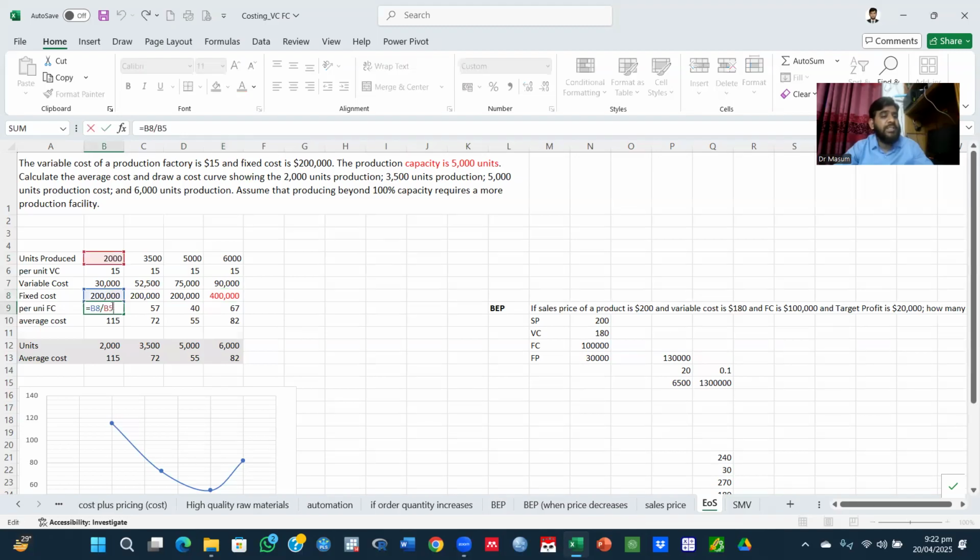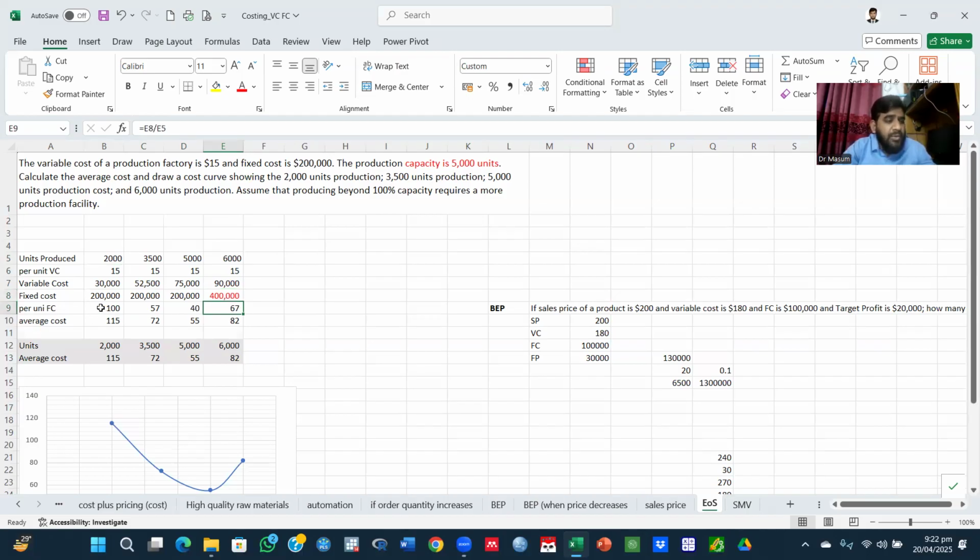Per unit fixed cost is decreasing. Your fixed cost is 200,000 and your units produced is 2,000. So 200,000 divided by 2,000 is 100. 200,000 divided by 3,500, 57. 200,000 divided by 5,000, 40. Now it has increased to 400,000. So 400,000 divided by 6,000 is 67.